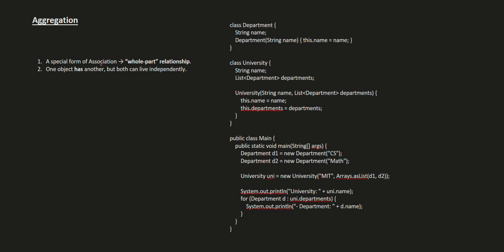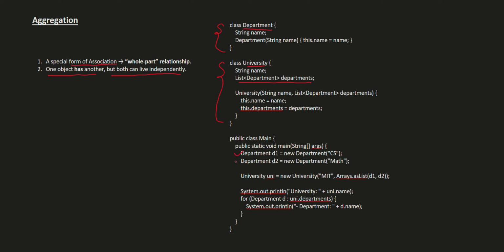Aggregation. Aggregation is a special form of association, a whole-part relationship. One object has another, but both can live independently. Here we have two types of classes. One is department and the other one is university. University contains a number of departments.